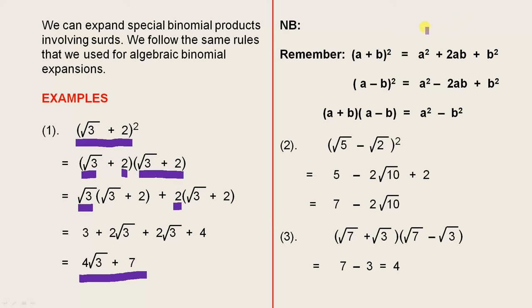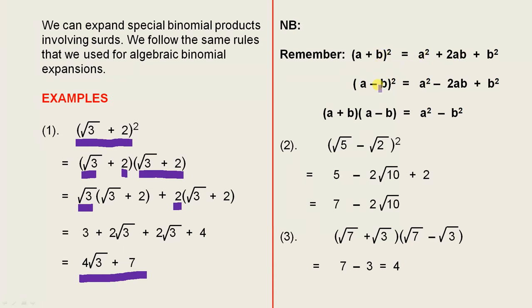Now we can revisit the expansions we saw earlier for algebraic terms. a plus b all squared is a squared plus 2ab plus b squared. It's basically the first squared plus twice their product, which is there, plus the second term squared.